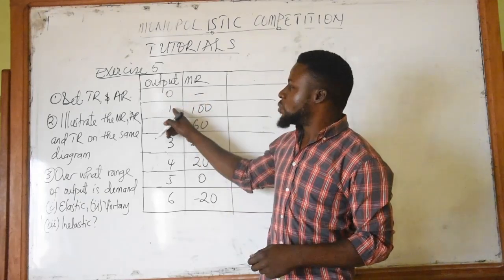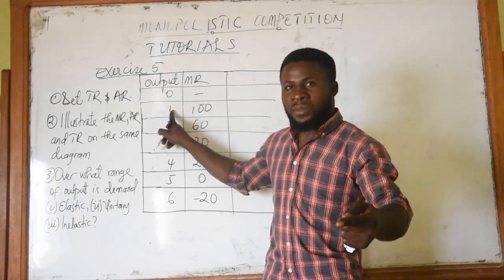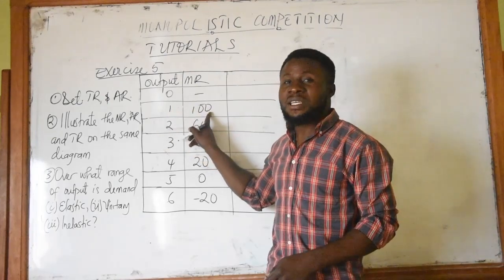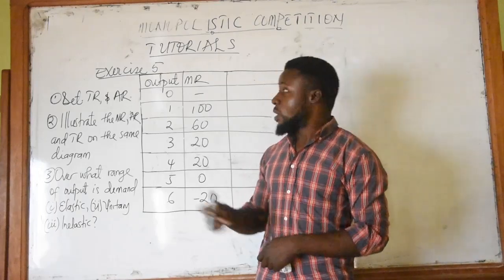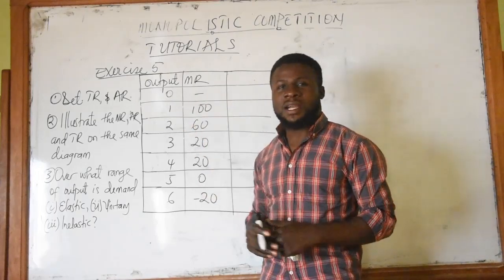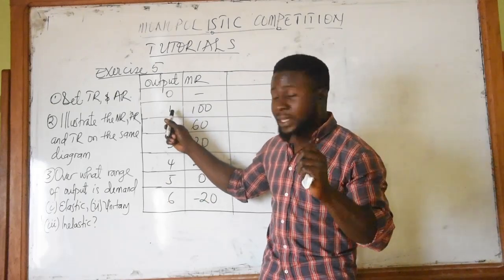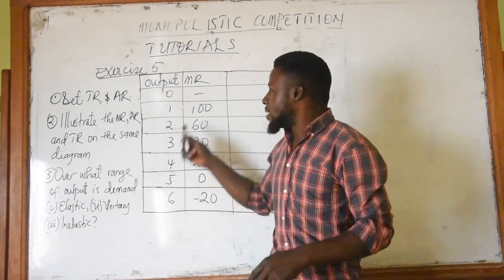And then when I start producing one item, if my additional revenue, that is marginal revenue, for producing one commodity is 100, then what should be my total revenue? When I was producing nothing, my extra revenue was nothing. Now that I've started producing one item, the extra revenue I have gained is 100.